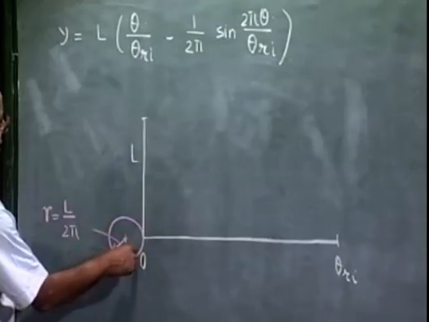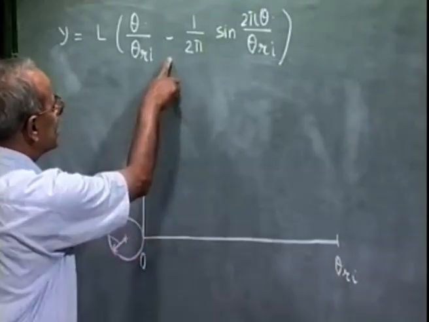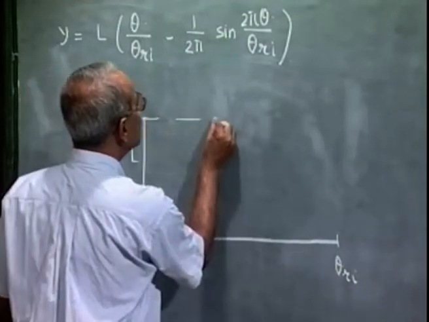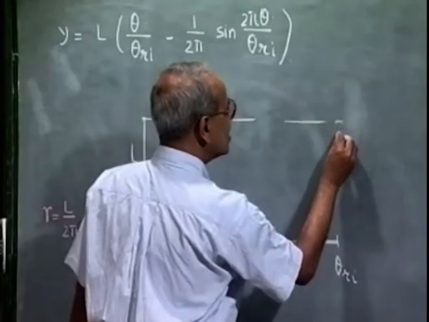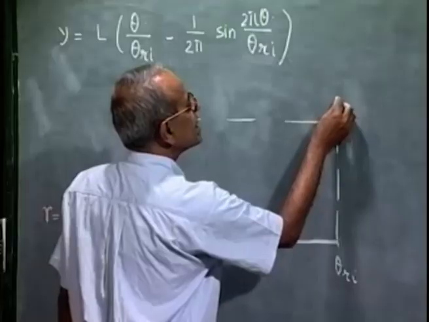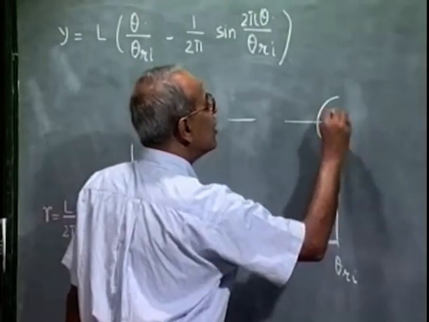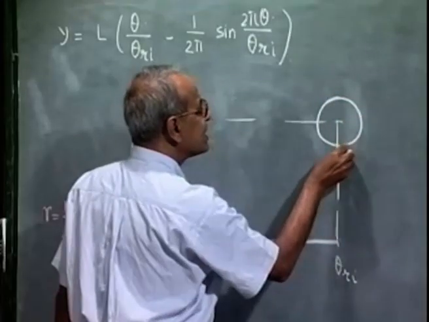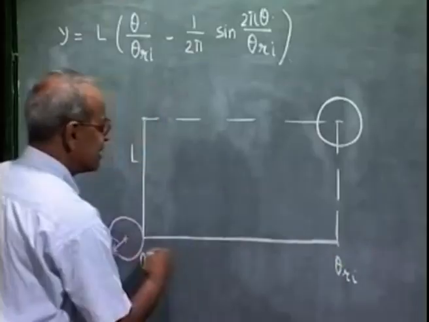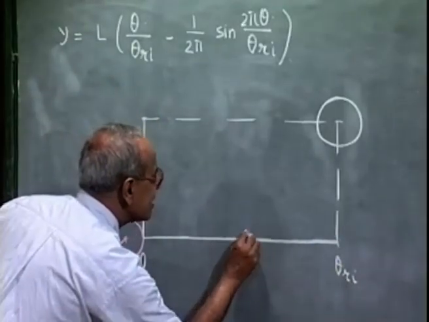One full rotation of this wheel will bring the wheel to the end of the lift. So to draw this curve, what we do, we draw the same wheel here of radius L by 2 pi, and then divide this rise period into an equal number of divisions. So let us say 6 divisions.